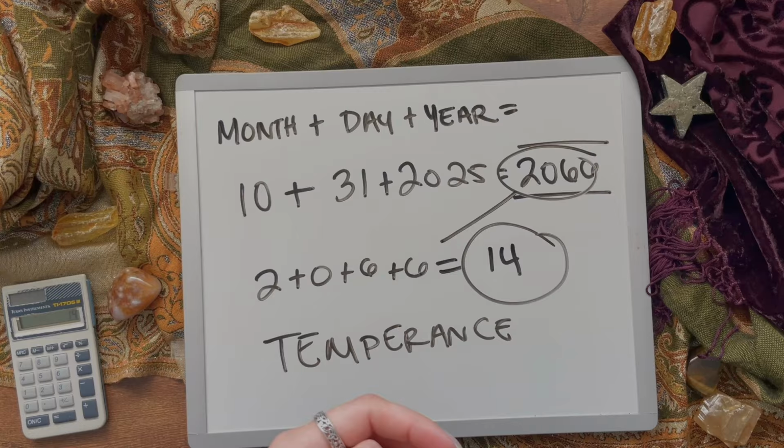I also realized that I didn't go into what to do if your calculation, after you add the month, day, and year together, you get that answer, and then you add each of those numbers together from that result, and your next number isn't a Major Arcana card number. So, like how I got from my calculation there, I got 14, which was Temperance.